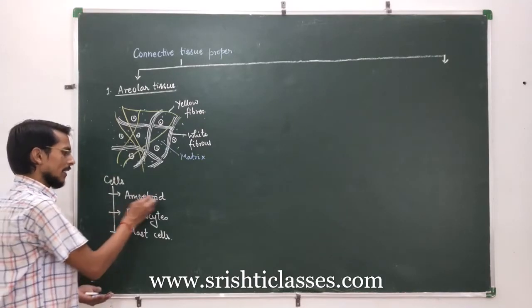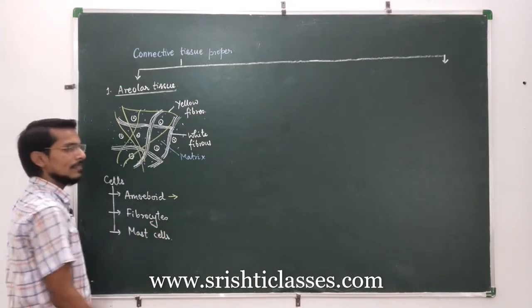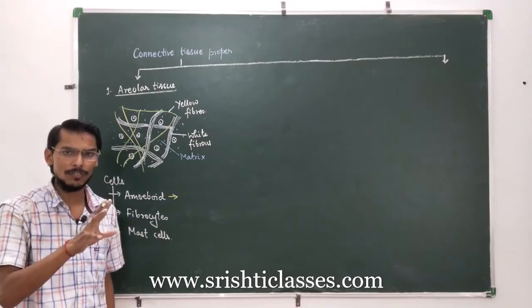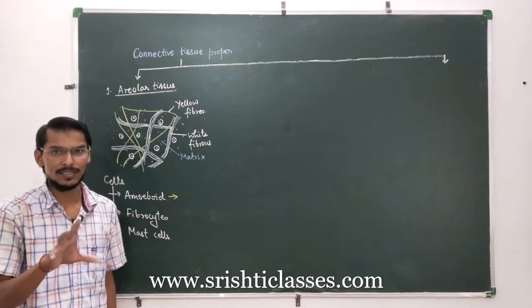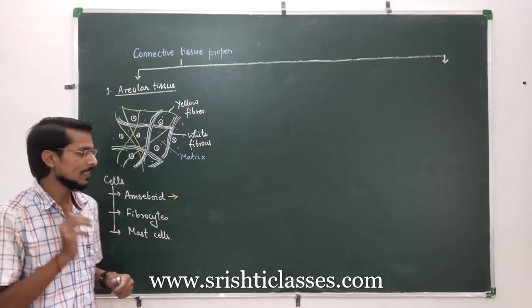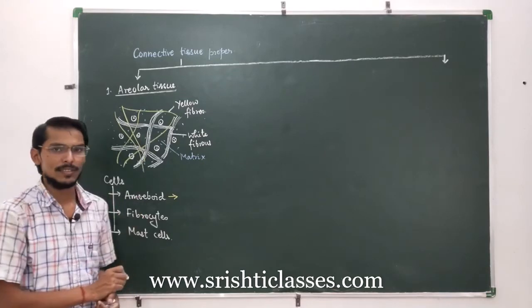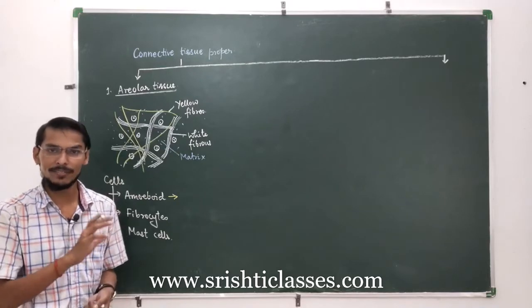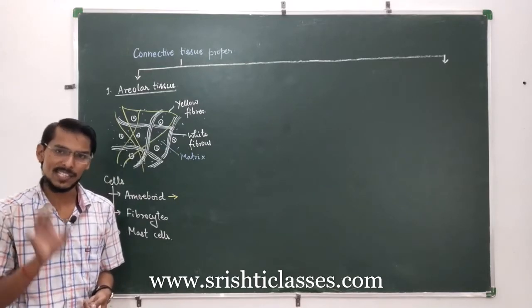These amoeboid cells are related to phagocytosis, that is direct engulfing of foreign particles. Like if our body is infected with bacteria, then these amoeboid cells will directly engulf that bacteria. It means they will kill the disease causing agent.